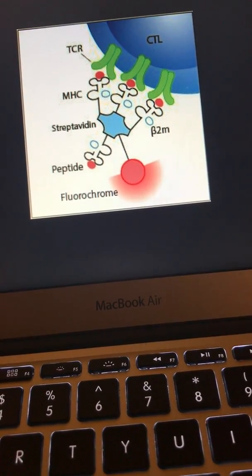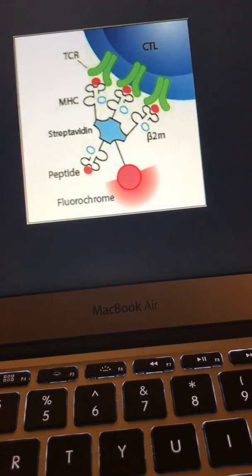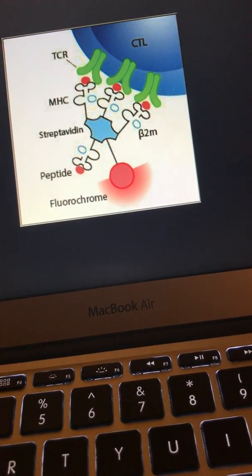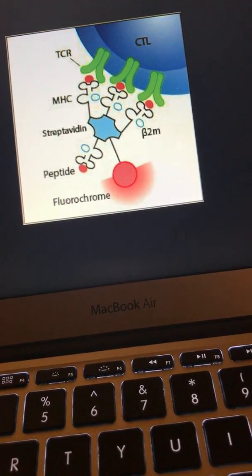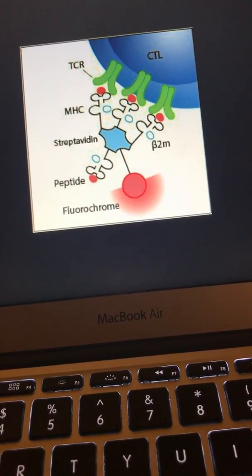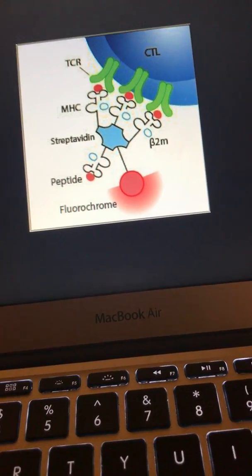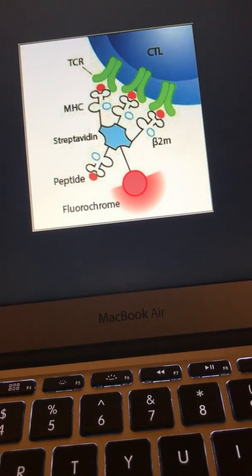So the T cells that are specific to the tetramers, whatever specific job those tetramers have, you'll see a binding between the two.